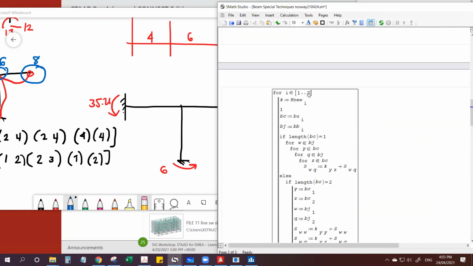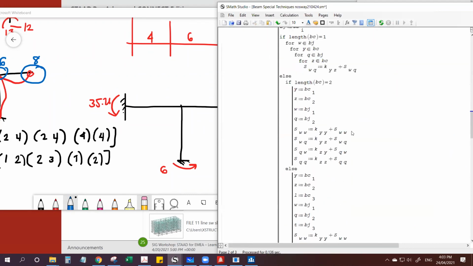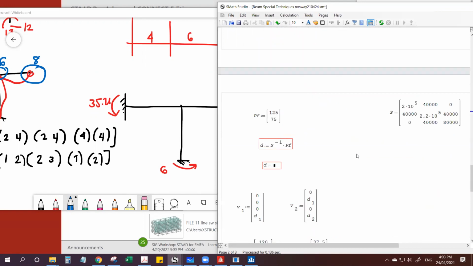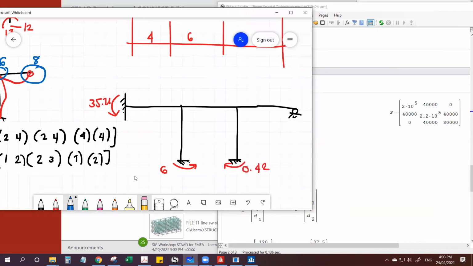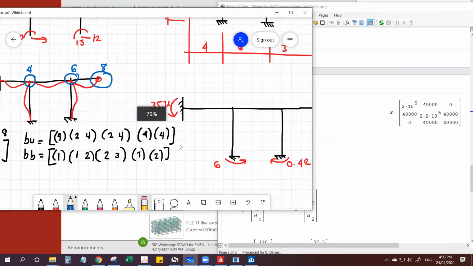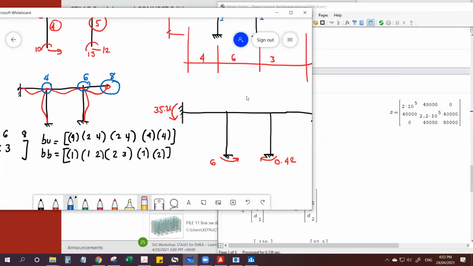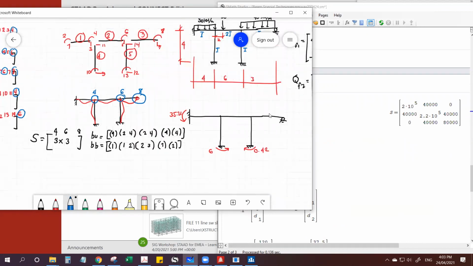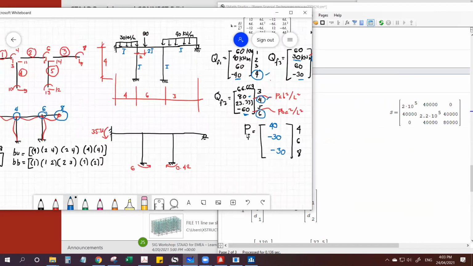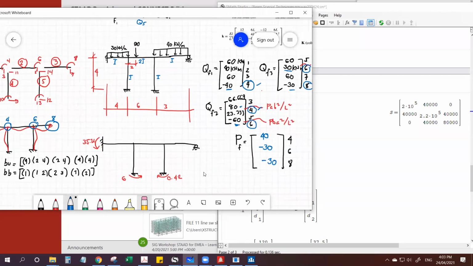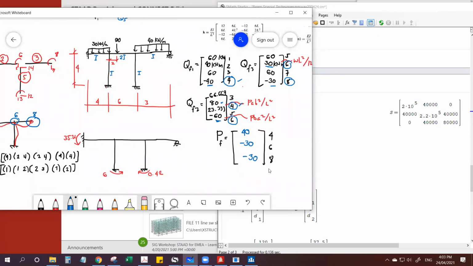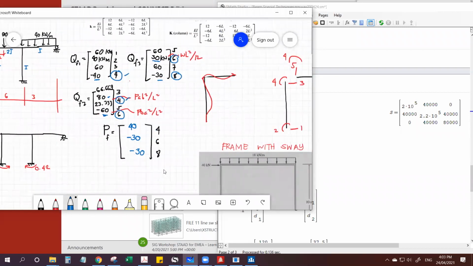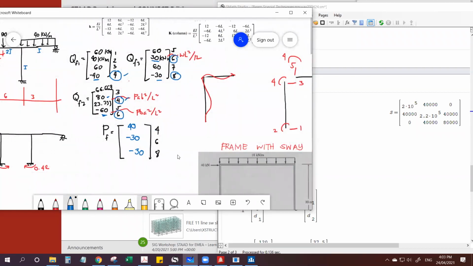To generate the stiffness, loop to 5. Okay, no mistakes at least. So P sub F, where's our P sub F? There, 40 minus 30 minus 30. But remember, our formula is P minus P sub F, right?